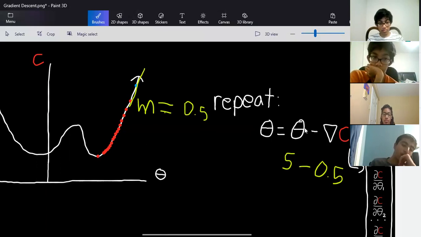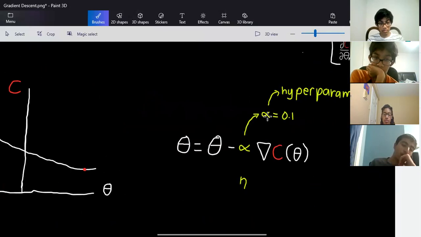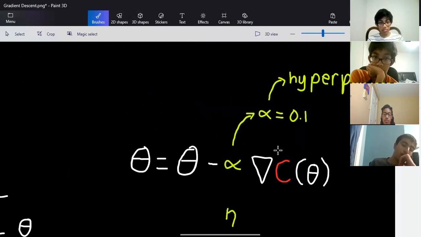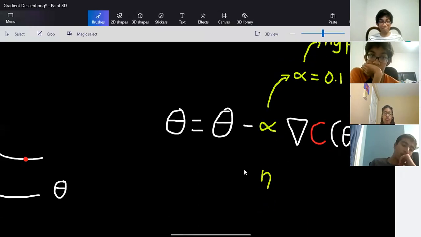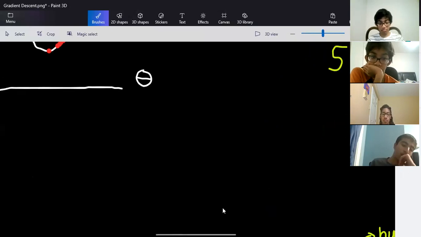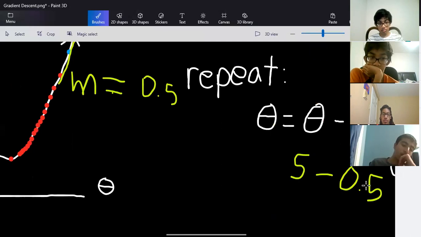However, if we introduce the learning rate and we set this to a really large number, like 1,000, then this is going to get a lot bigger. It's not just going to be subtract away 0.5, it's going to be subtract away 0.5 times 1,000.